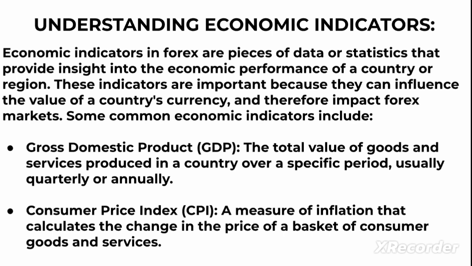So moving on, we wouldn't really waste much time on this video. I'll just give a brief explanation of what these things mean. Some of these common indicators are, for example, the gross domestic product. The gross domestic product is the total value of goods and services produced in a country over a specific period of time.